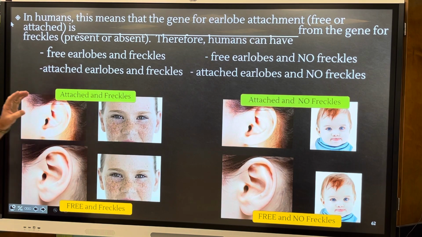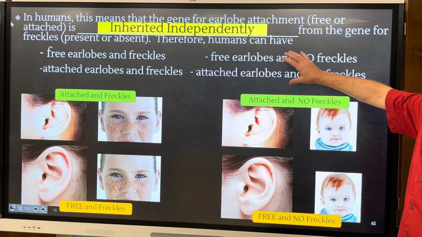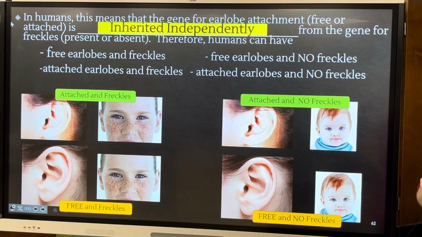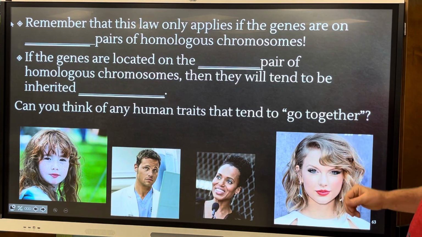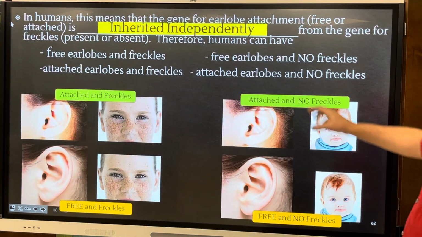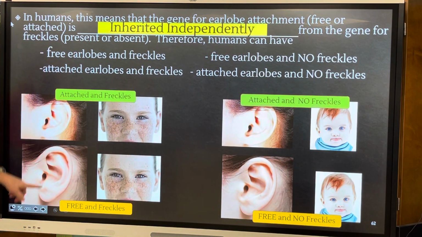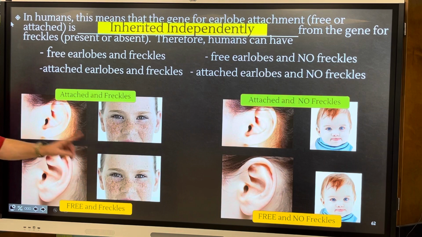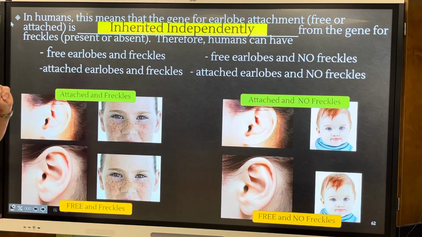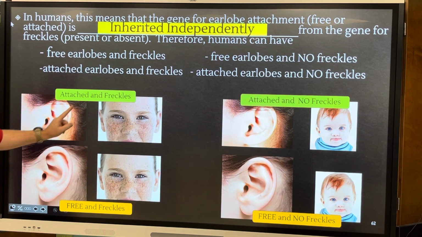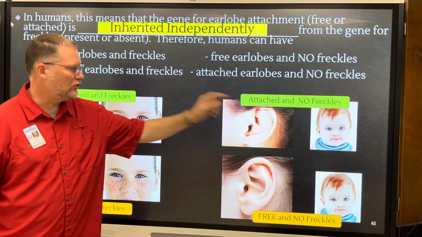So it's inherited independently from the gene for freckles. Therefore, humans can have free earlobes and freckles, free earlobes and no freckles, attached earlobes and freckles, or attached earlobes and no freckles.